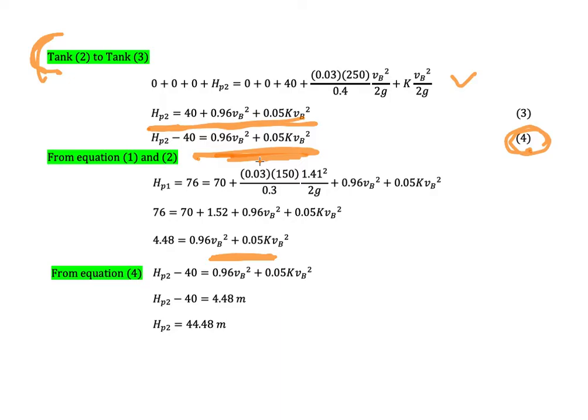And then from equation number 4, we could solve the problem. So we could deduct the value of 0.96 VB square plus 0.05 K VB square, and then we could get that the head of pump for point number 2 is 44.48 meter.